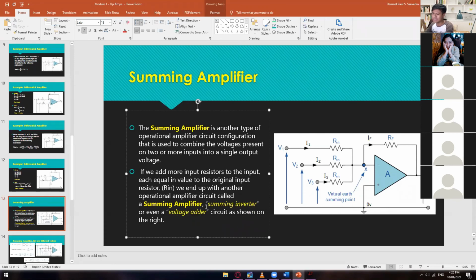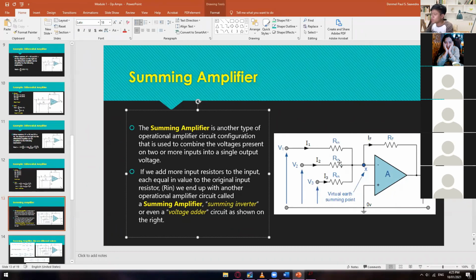So it has a lot of names, but the most common name is summing amplifier, which is also shown on the right side. This one is very simple. If you remove V2 and V3, this is already an inverting amplifier.